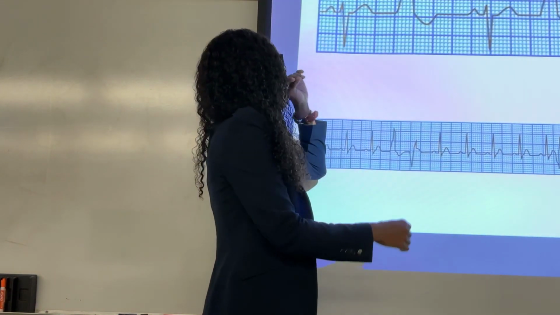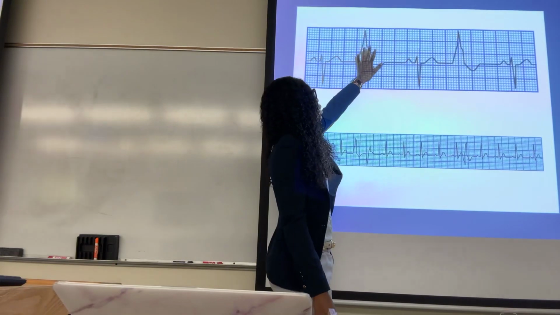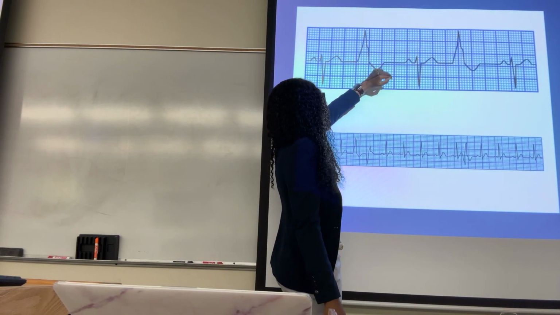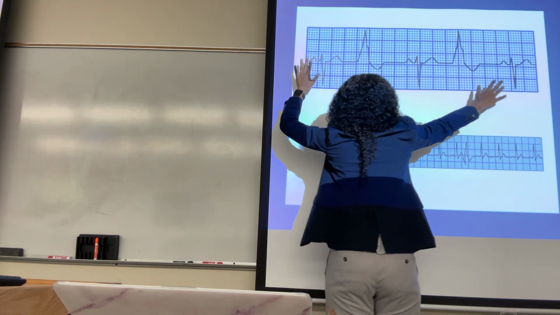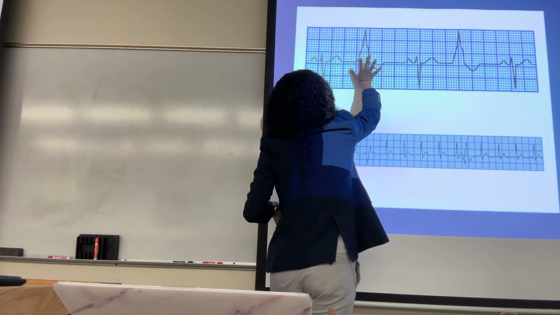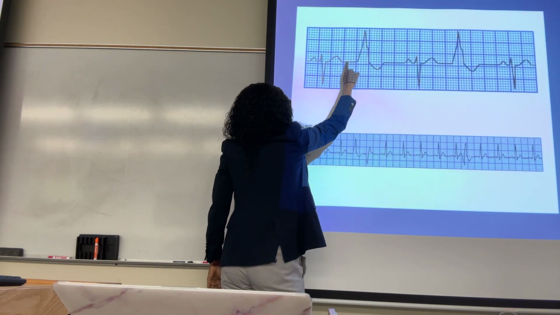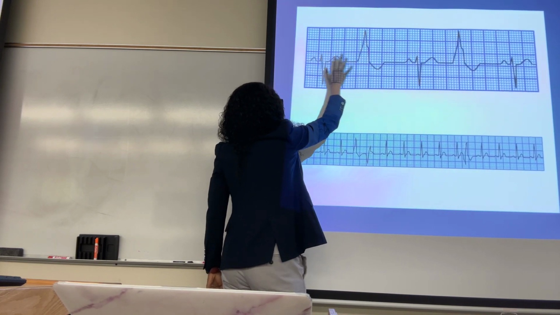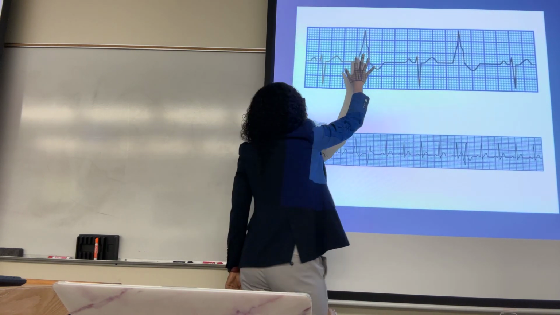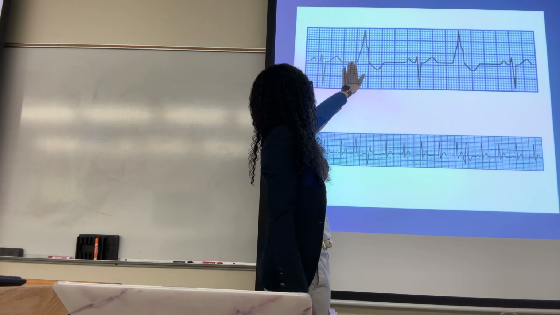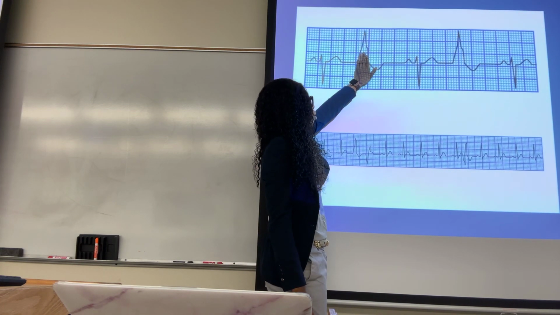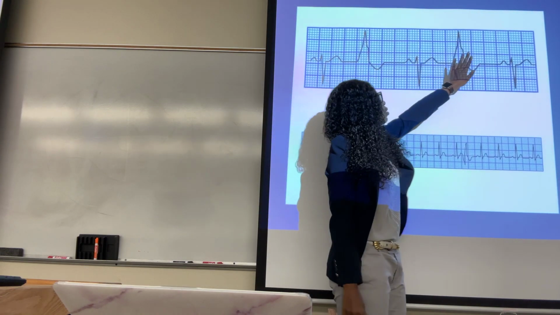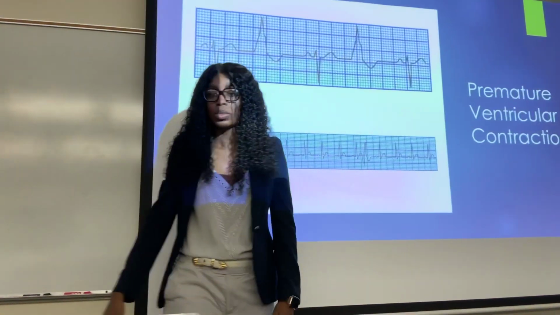But in this one, because it's only one signal that's off, we're going to see normalcy in these, but in here, like I said, we don't see a P, right? So we'll see it here in the normal ones, but the one that's causing the problem, we're not going to see a P, right? So this is the ventricles that contracted too soon, normal beat, ventricles contracted too soon, okay?